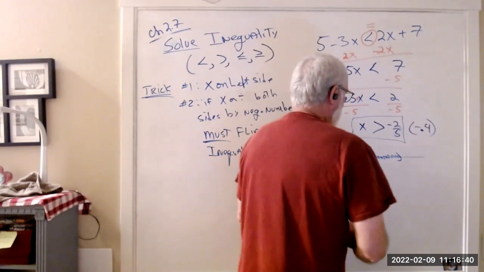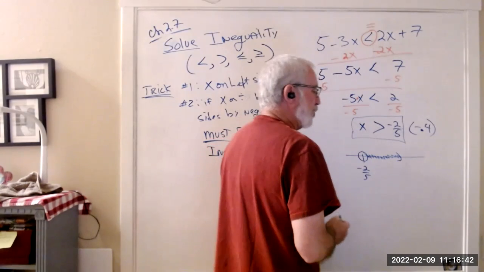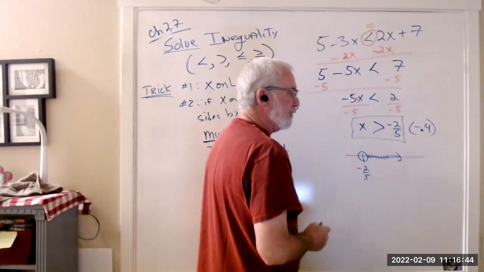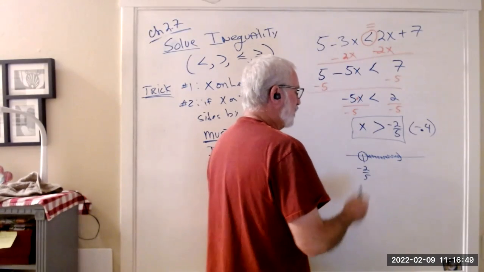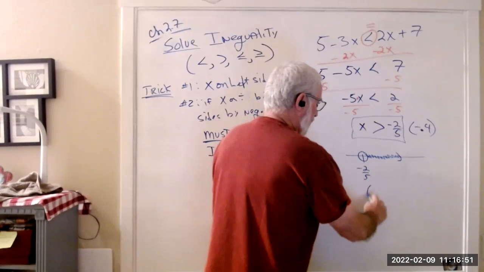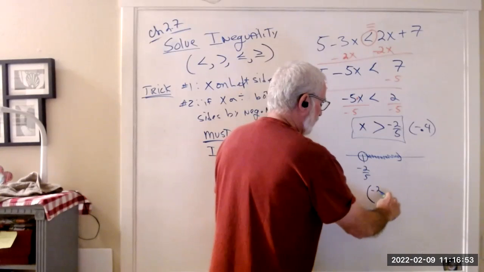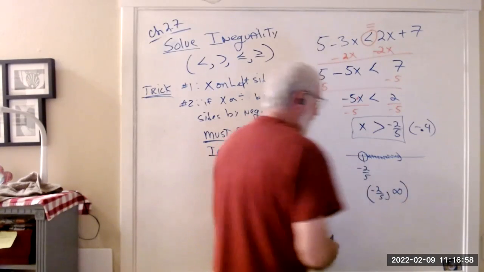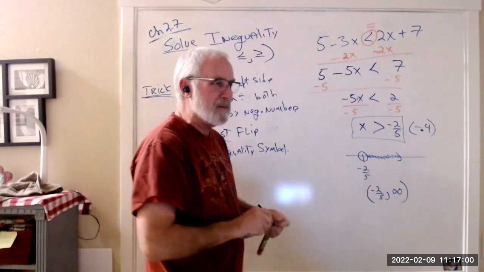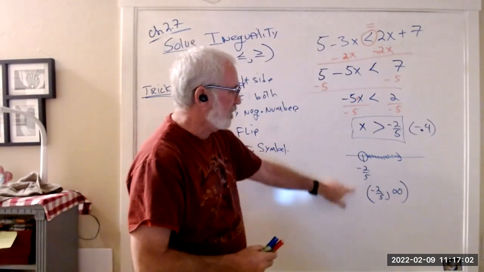Mom may ask you to put it in what's called interval notation. We talked a lot about that last week. Interval notation: parentheses, negative 2/5, comma, infinity. Interval notation mimics what you see on the number line.